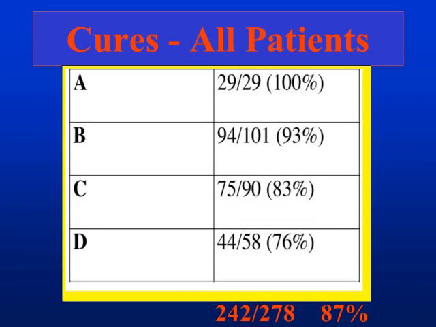So the final way that I would suggest you look at the results of radiosurgery is to forget about the number of treatments and the treatment cure rate, and think about the patient cure rate, including the patients who have been treated more than once. If you do that, you can see that we get a uniformly high cure rate, even in this larger than 10 cc group, an overall cure rate of 87%.